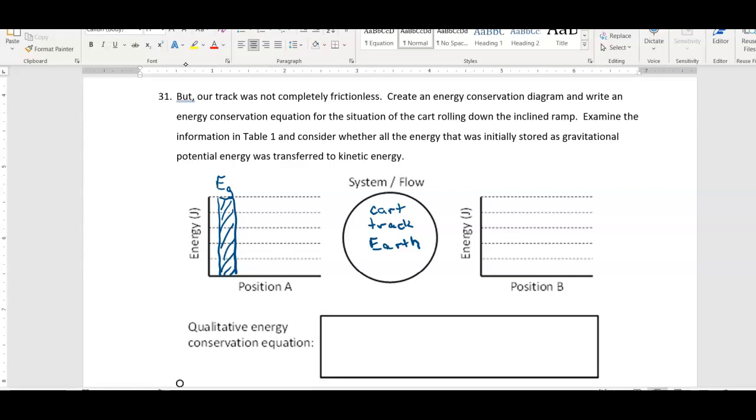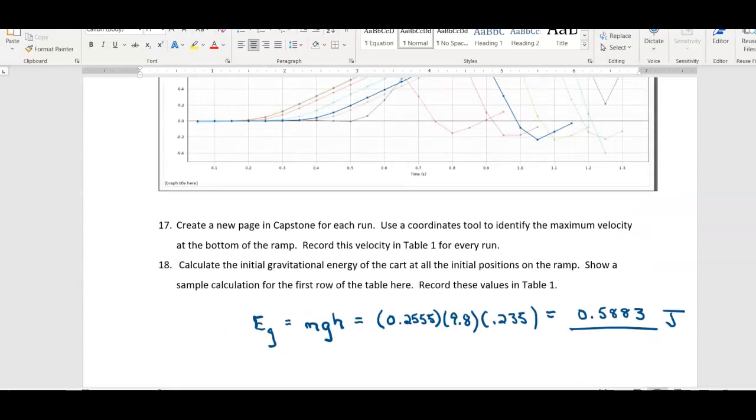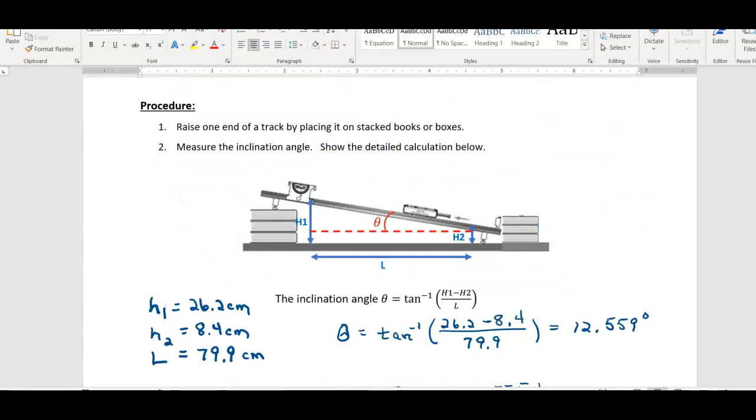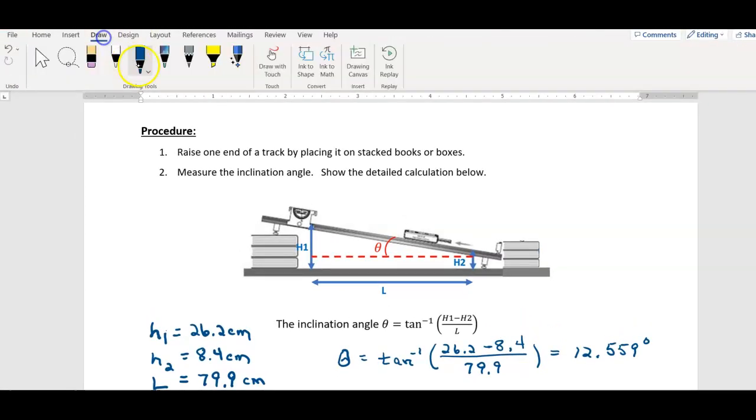When the cart got down to the bottom of the track, it was not really on the ground, right? I'm going to go back up and look here, but we saw that because of this little foot on this end of the track, it was really 8.4 centimeters above the table, even at the bottom of the track.